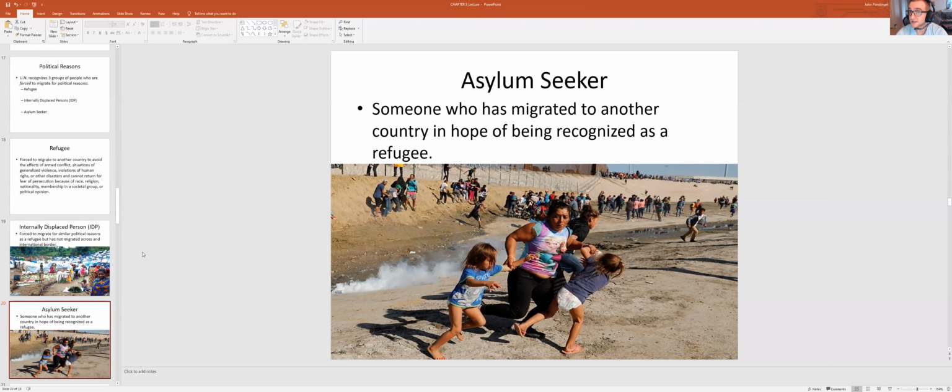And that's because the world is paying attention to it, right? And so there's been counsel on this. People have decided on how to categorize people that are moving for different reasons. And so with an asylum seeker, and what we see a lot of through the border, even in Texas and Mexico, is that someone wants to be recognized as a refugee, which means they can be categorized as someone fleeing for violent purposes, right? Safety of their life.